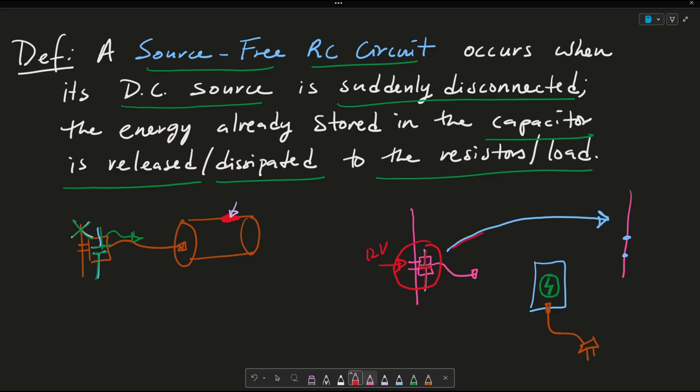When you move it over here, that charged-up capacitance in the charger charges your phone. It gets released into a load, which is your phone, dissipated to a resistor or load. For a brief second, it charges up your phone, and once all the current flows out of the capacitor, the phone stops charging. That's an example of this source-free RC circuit.